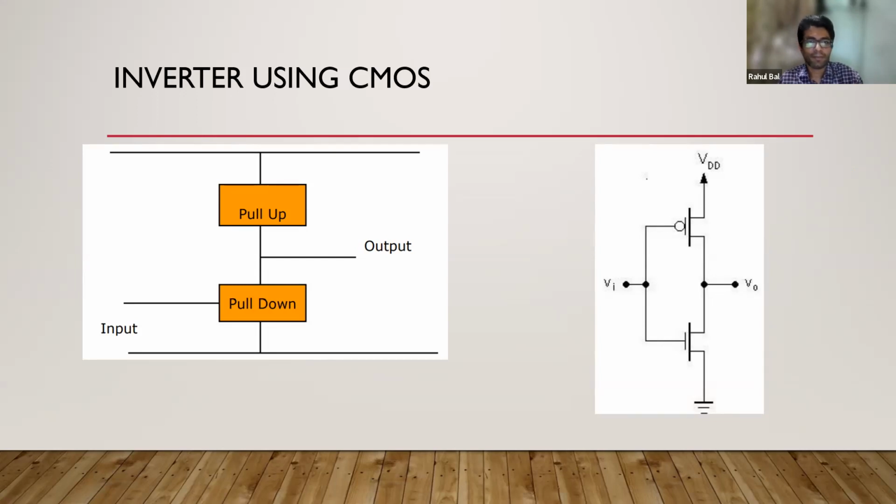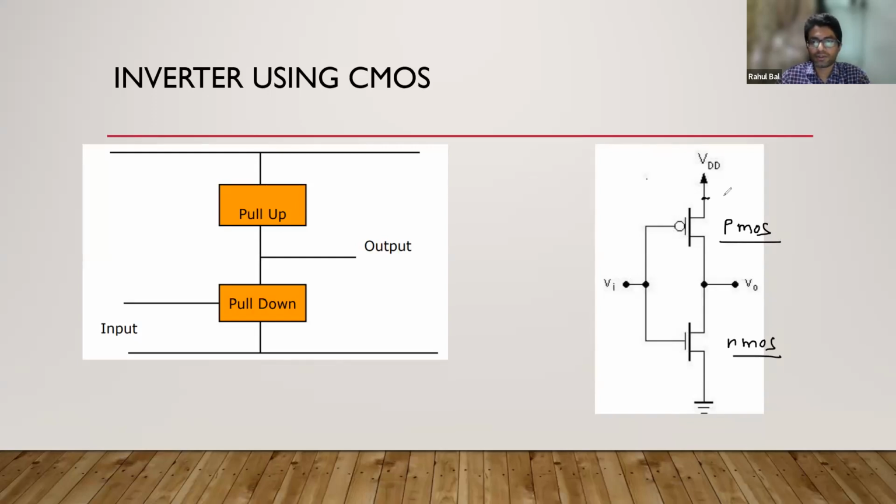Now, in case of a CMOS inverter, we have to use one PMOS and one NMOS. First is your PMOS, and then the downside, which is acting as pull down, will be your NMOS. So as I said, this is your PMOS, this is NMOS.